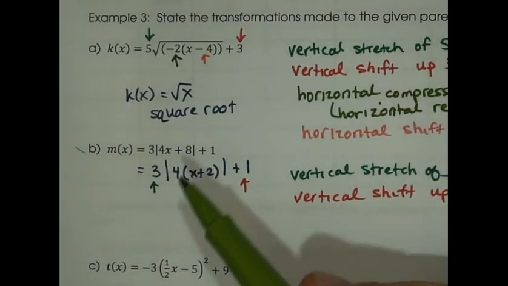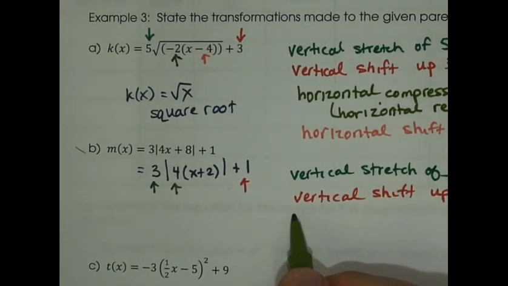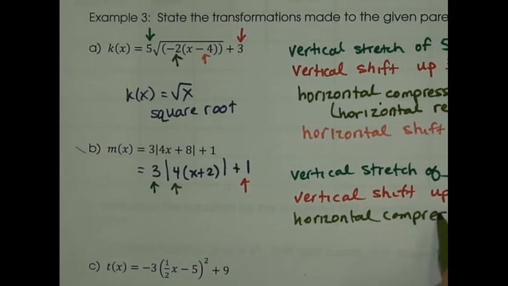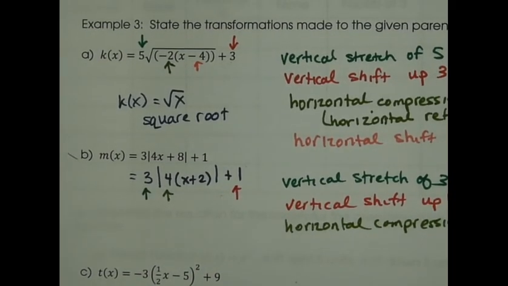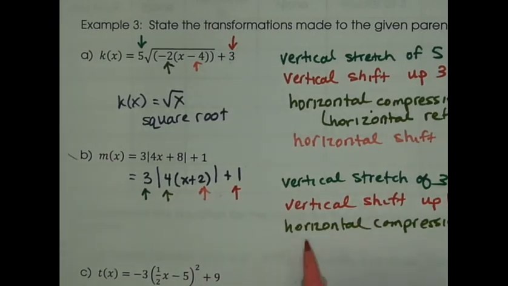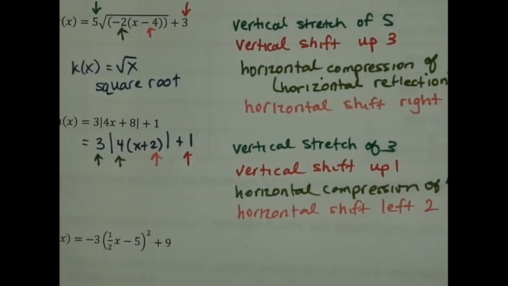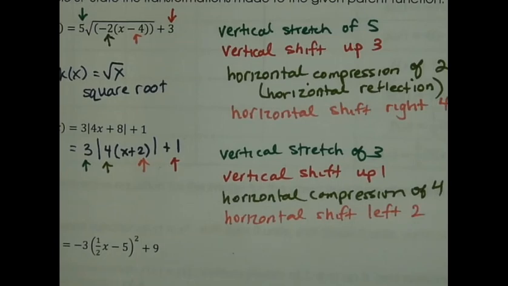I've got my horizontal compression of 4, and here we're doing a horizontal shift left 2. So remember, it changes signs there. All right, so not too crazy. All right, so I have that there. And again, as you're watching this video, if you want to hit pause so you can take some time to write things down, that is perfectly fine.